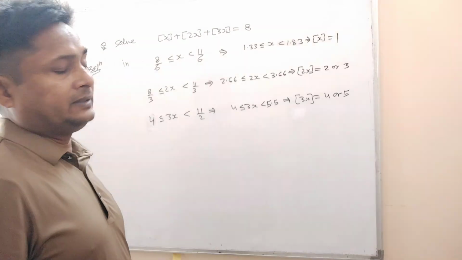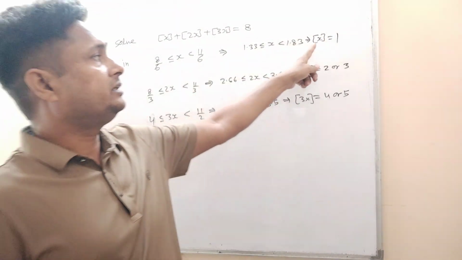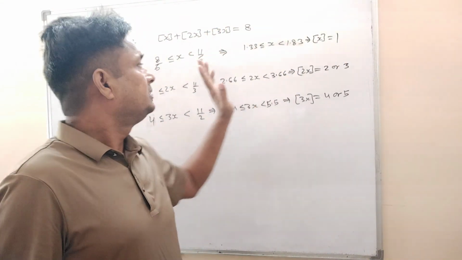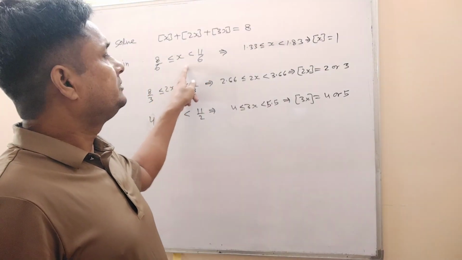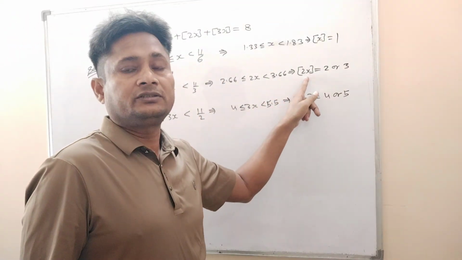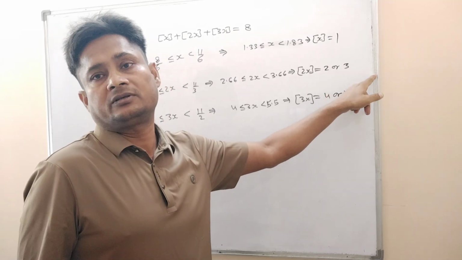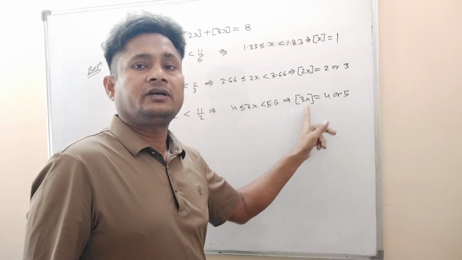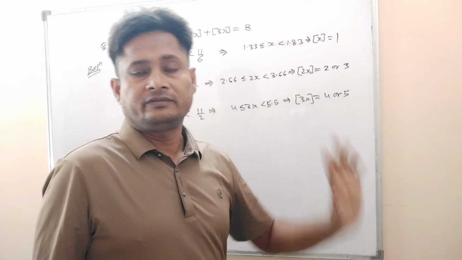Now see here, greatest integer of x in the whole interval is giving only 1. In the whole interval, greatest integer of 2x is giving either 2 or 3. And greatest integer of 3x is giving either 4 or 5. Right?